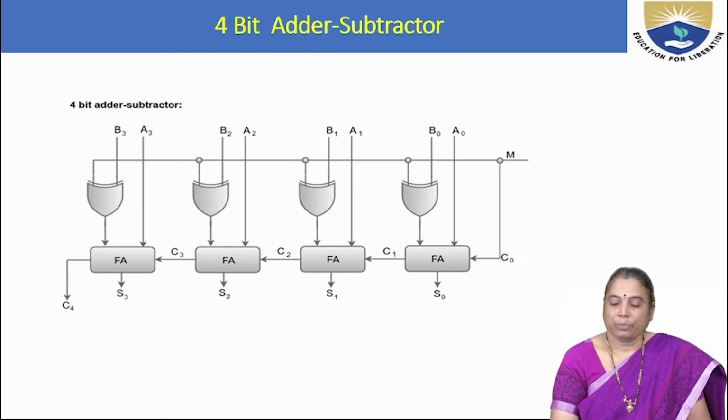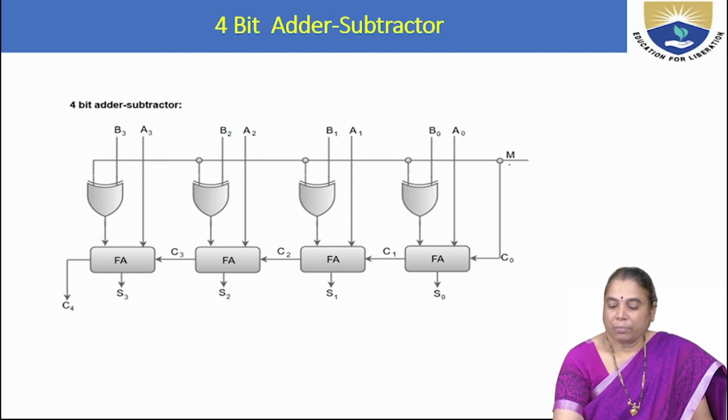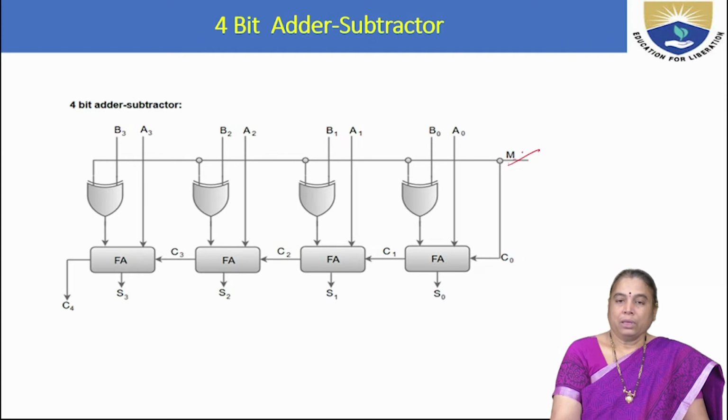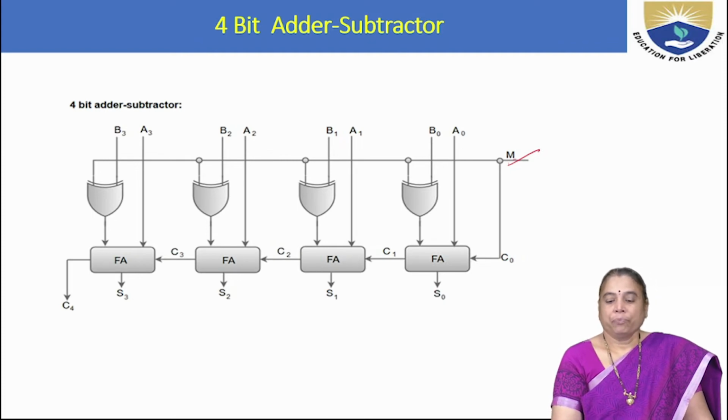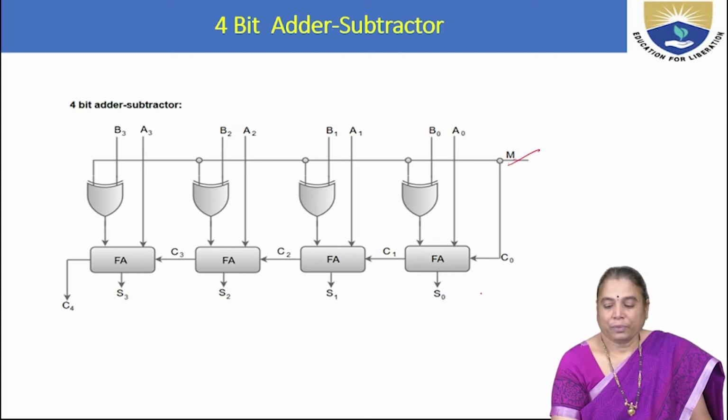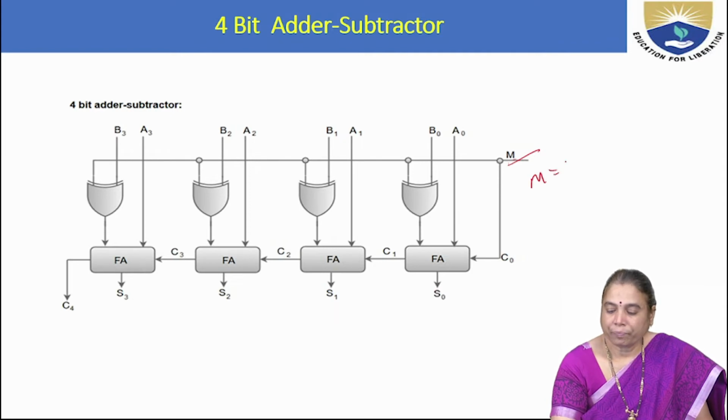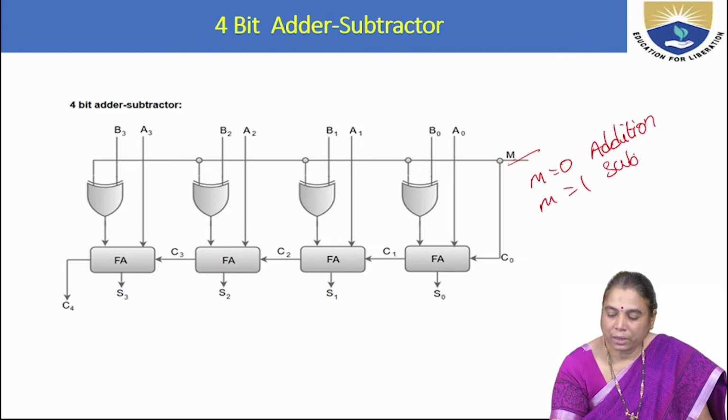This is made possible by the introduction of a control line M. If M is equal to 0, this circuit performs addition. And when M is equal to 1, this circuit performs subtraction.